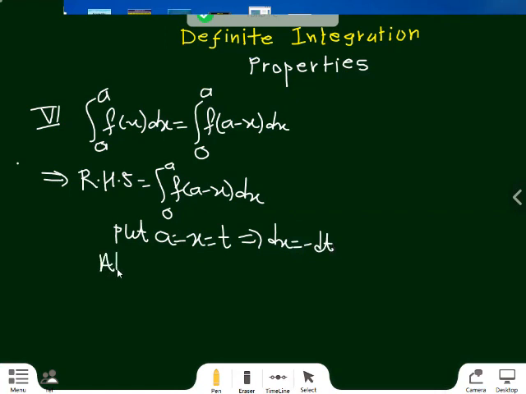Now also, the limits are changing as: as x tends to 0, t tends to a, and as x tends to a, t tends to 0.